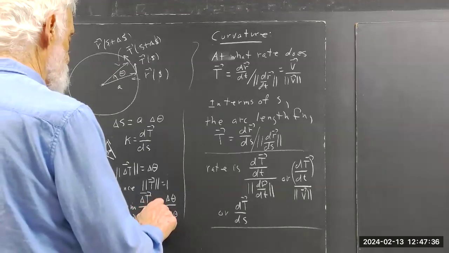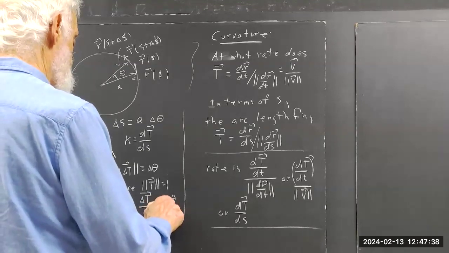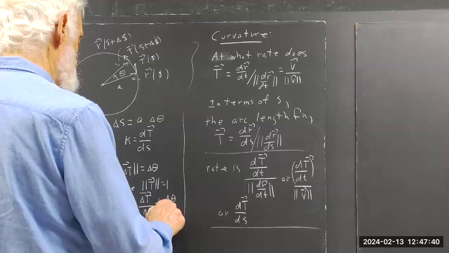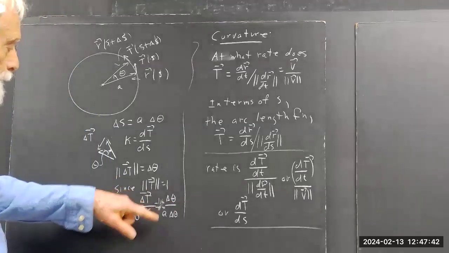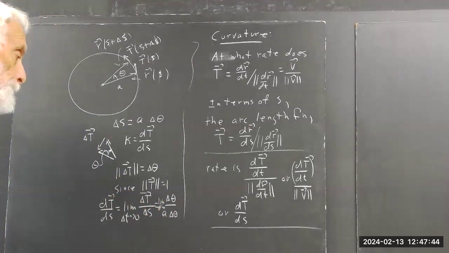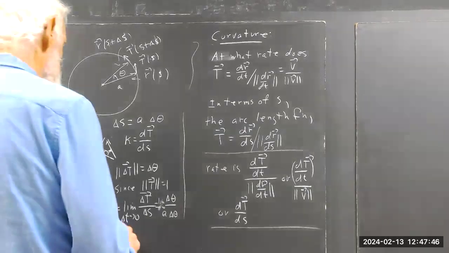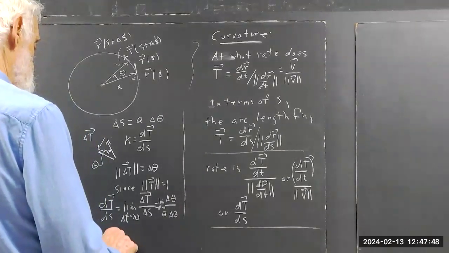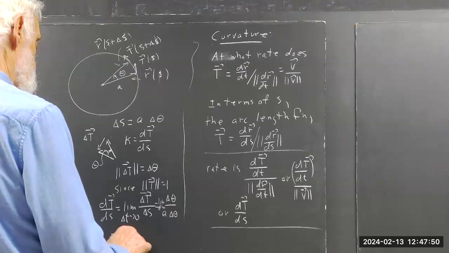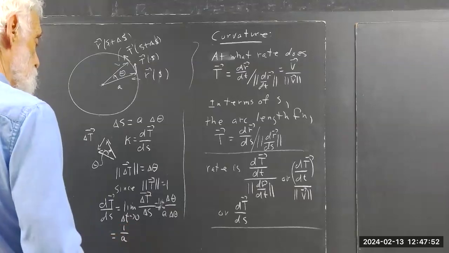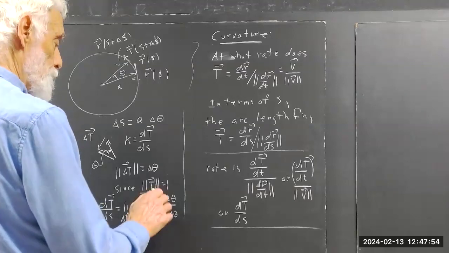That's the limit as delta theta goes to 0. I'm waving my hands a little bit here, since I haven't mentioned the direction.